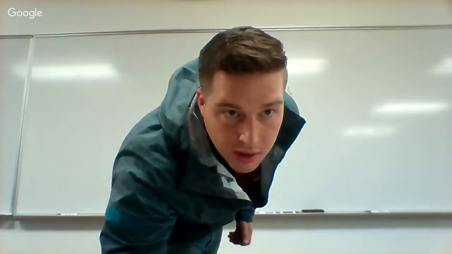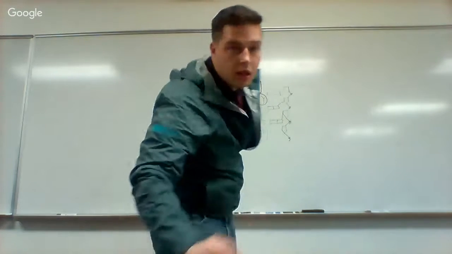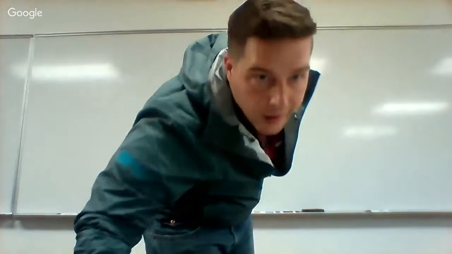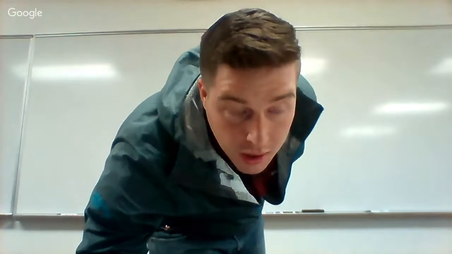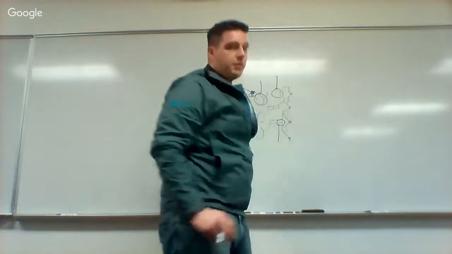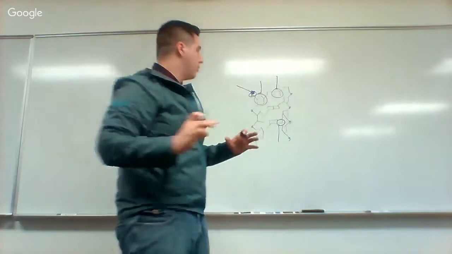X, which is right here. Y, which is this guy right here. And Z, which is this guy right here. And so it points to all those and it asks us to figure out what these different groups are.